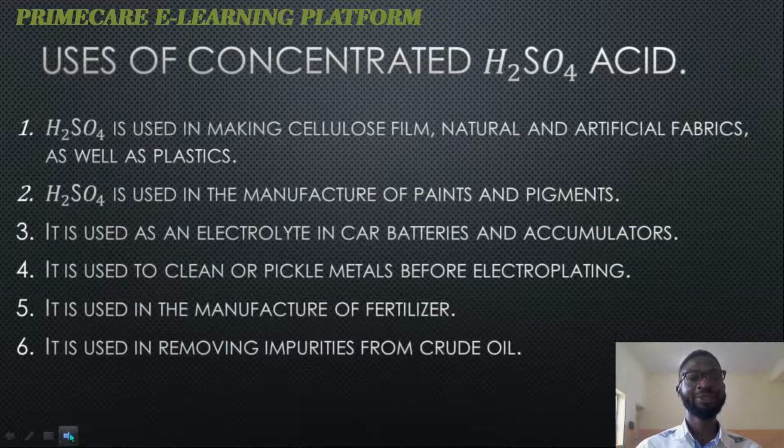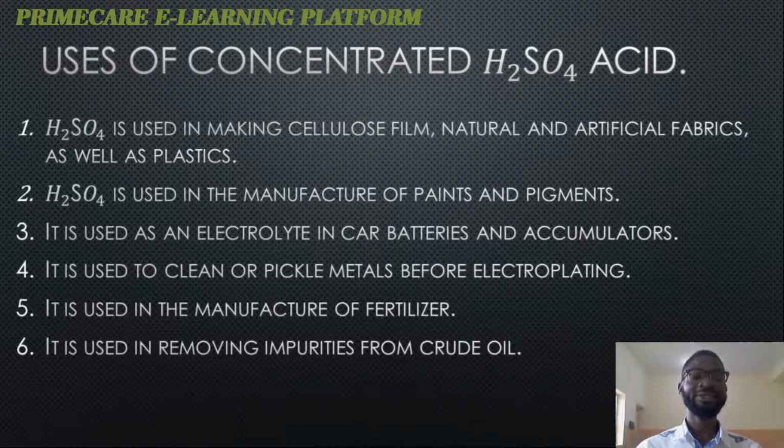Now, let's talk about the uses of concentrated H2SO4, which is sulfuric acid. Sulfuric acid is used in making cellulose film, natural and artificial fabrics, as well as plastics. It is also used in the manufacture of paints and pigments.